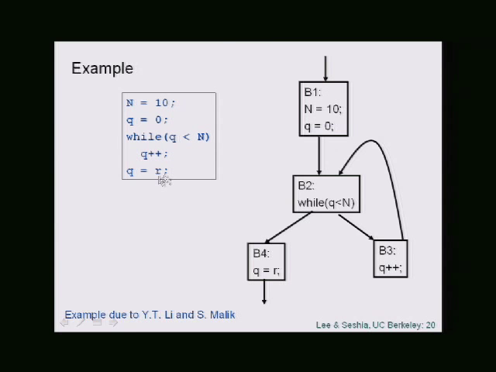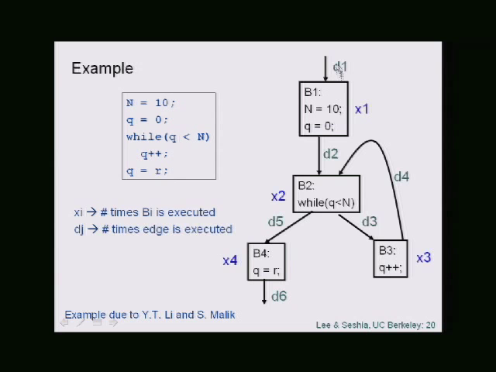Now, if you look at basic block b2, it's not going to be just 1. It's not trivial. So b2 is entered how many times? 11 times. That's going to be d2 plus d4. And it's exited d5 plus d3 times, which has to be equal to the number of times you entered it. Okay, so you're getting the hang of it.